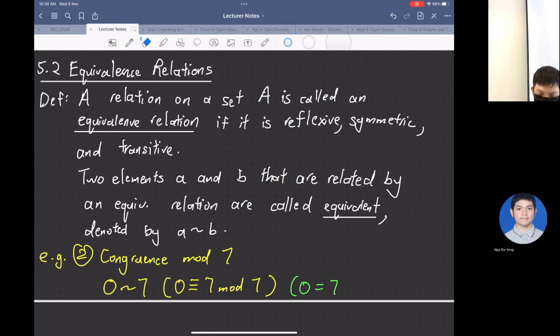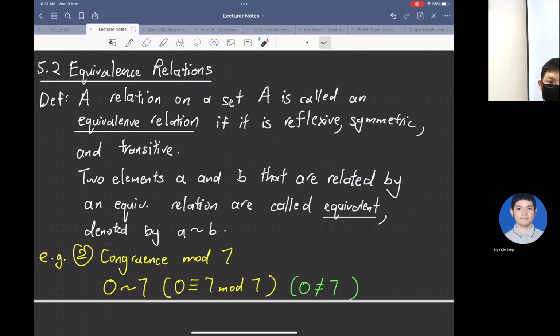We cannot write like this, because they are not equal on the nose, but they are equivalent up to mod 7. So we write like this, or like this. Different things, but they are equivalent under some rule of relation.